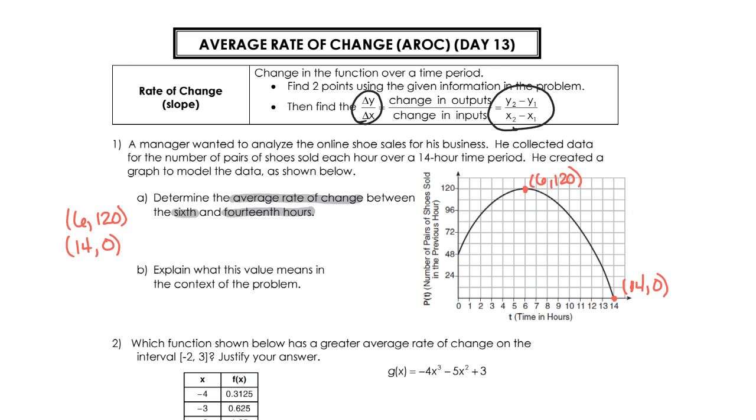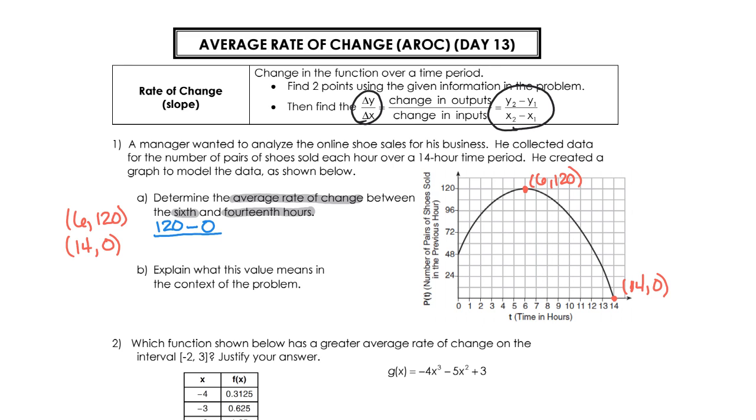So remember, guys, y's to the sky is what I usually tell my geometry kids when I teach them the slope formula. The y's have to be on top. And it does not matter which y goes first. However, whatever order you pick has to be the same order on the bottom. So for instance, if I do 120 for my first y value, and remember that slope formula is subtraction, so minus the other y value of 0.